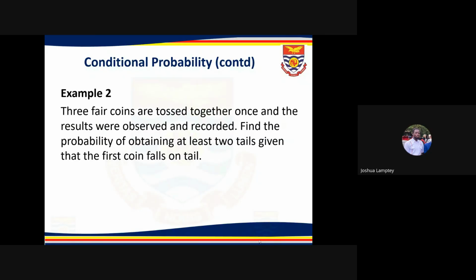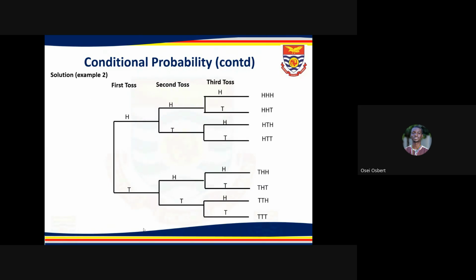Let's see if we had this one. If we were able to get this, we are tossing it 3 times, so these are the various tosses here. And the question asks that we should find the probability.